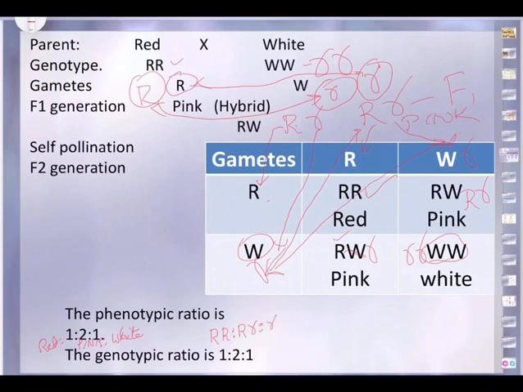And in genotype also, don't simply write 1:2:1. You have to write what is 1? Capital R capital R. What is 2? Capital R, small r. What is 1? Small r, small r. Then only you will get marks. Don't simply write the digits. You need to write both phenotype as well as genotype.